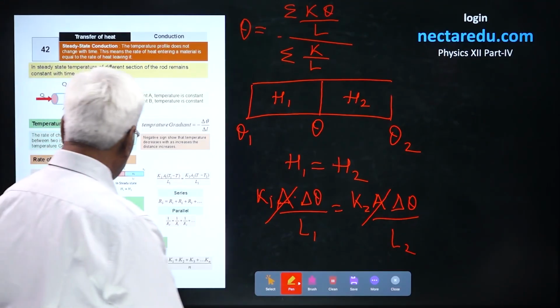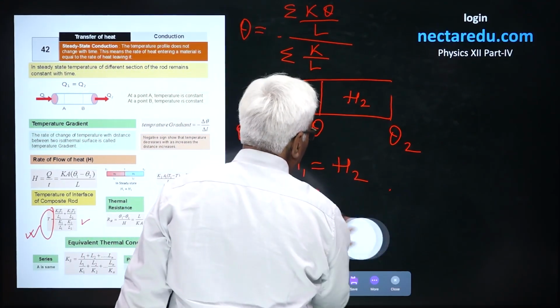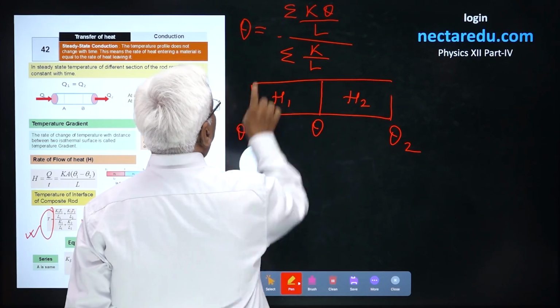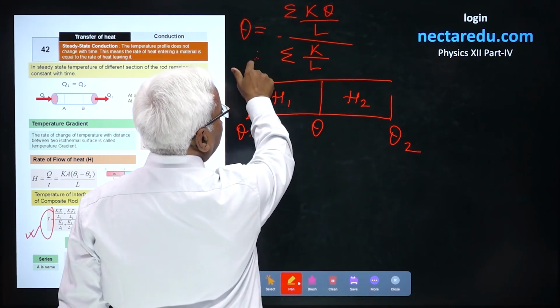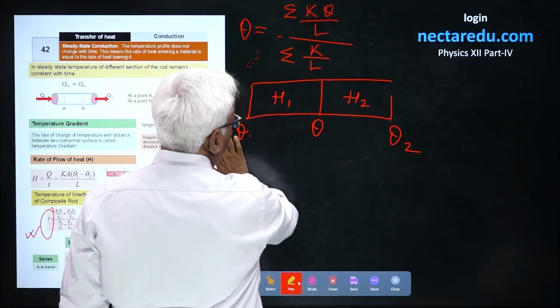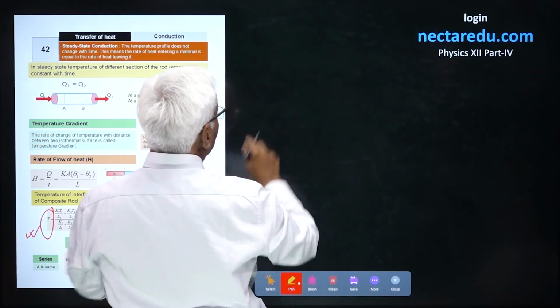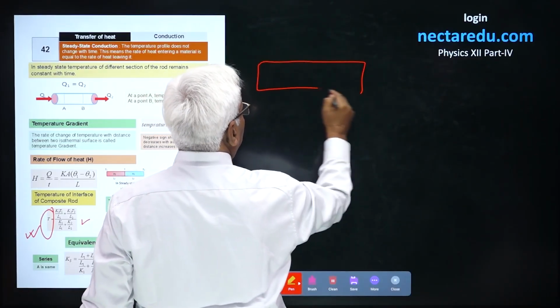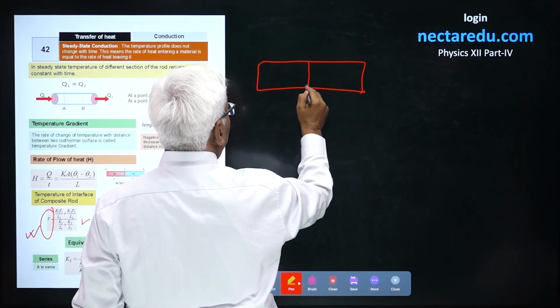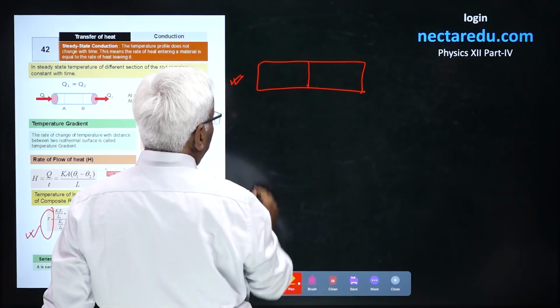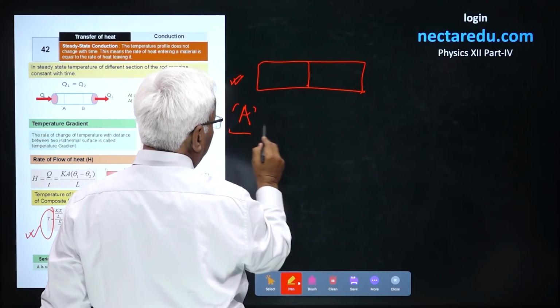Then what is going to be the equivalent value of thermal conductivity? You see, this is the formula for temperature of interface. The equivalent thermal conductivity, if you connect them in series, one condition will be pre-imposed, that area remains same for both.